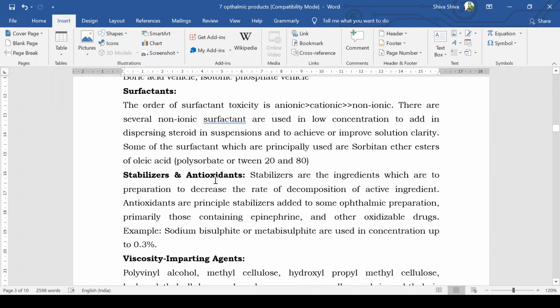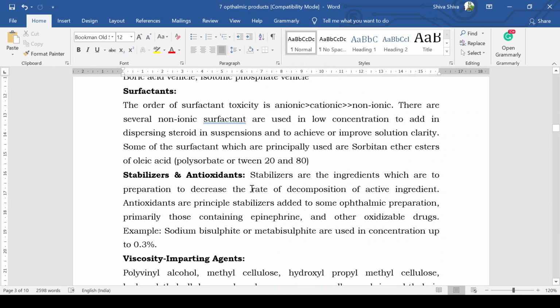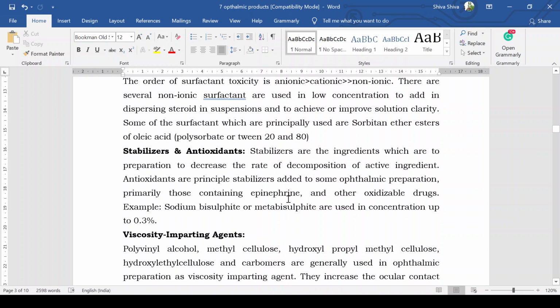Then stabilizers and antioxidants. Stabilizers are the ingredients which are used in preparations to decrease the rate of decomposition of active ingredients.